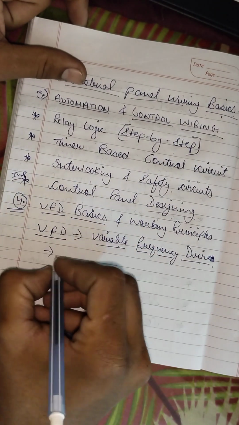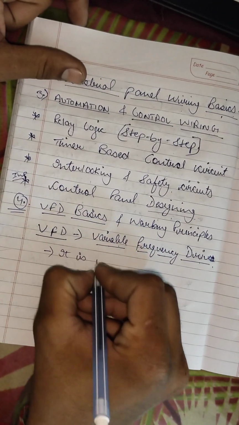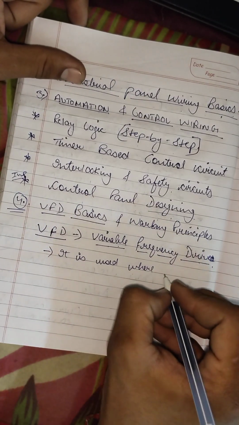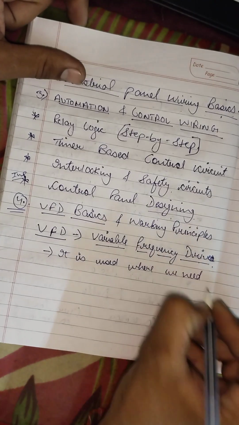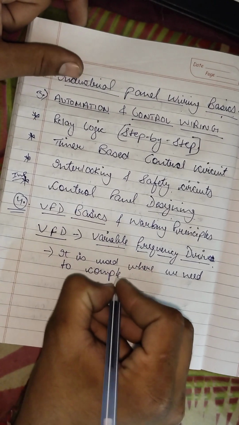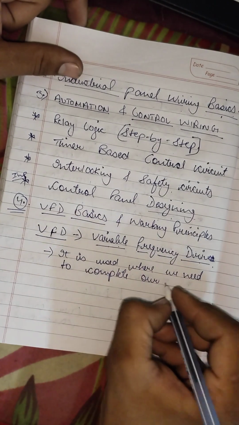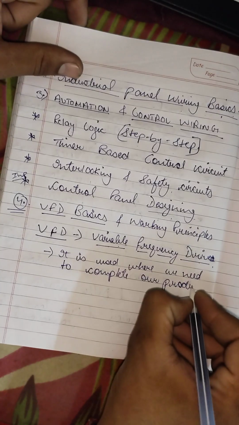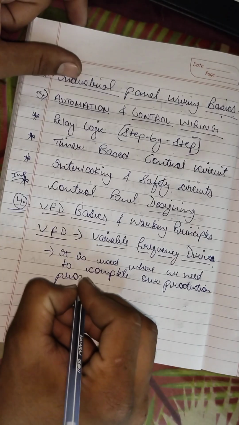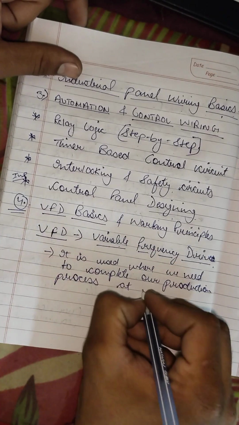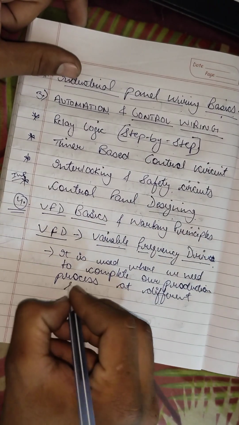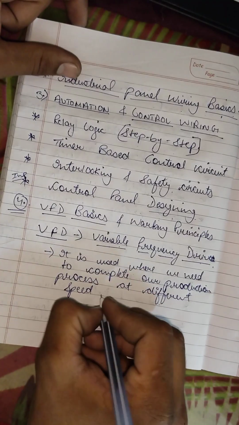Write it down. It is used where we need to complete the production process at different speed limits.